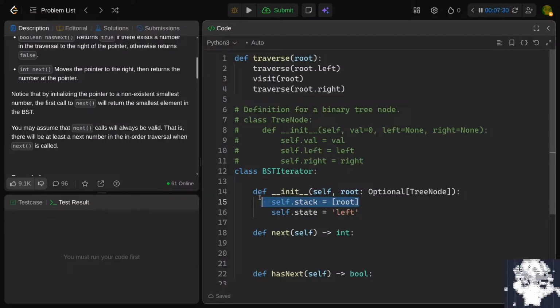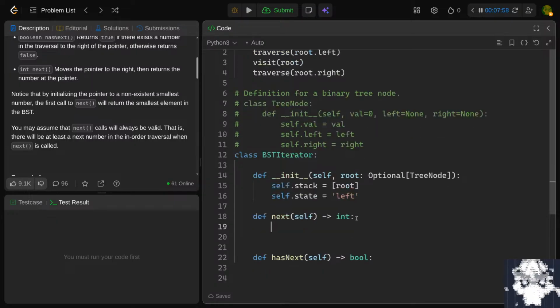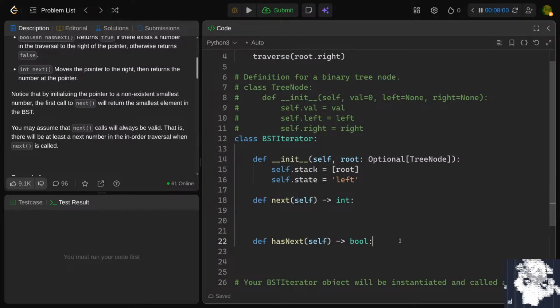The stack thing I think is right. That's how you remember where you came from, and then you push to the stack when you go down and you pop from the stack when you go up. I'm just having trouble visualizing, like, when I do next, how do I remember the state? I'm just going to do something that I think doesn't work just to see. hasNext is going to be simple.